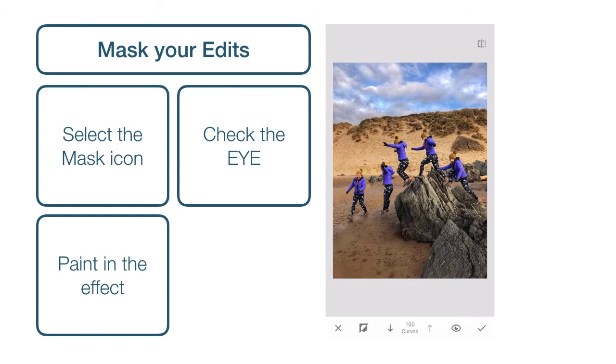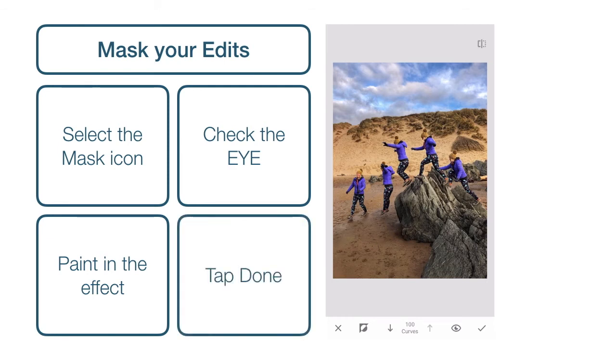If we wanted to add the effect at a lower intensity, then we can just use the arrows to reduce the curve's percentage to 75, 50, 25%, or right down to 0% if you wish to erase the effect entirely. And then tap the done tick when we're happy with the changes we've made.